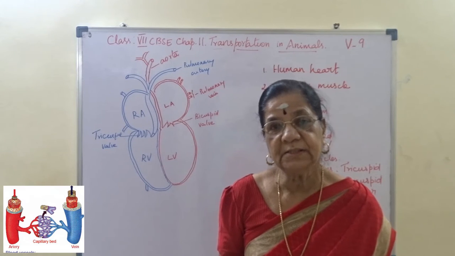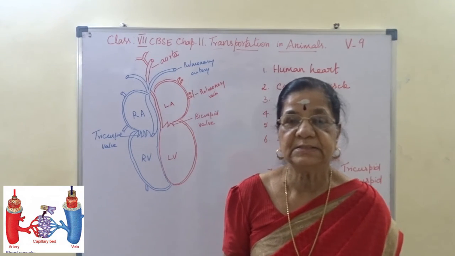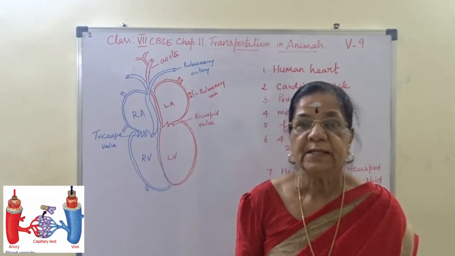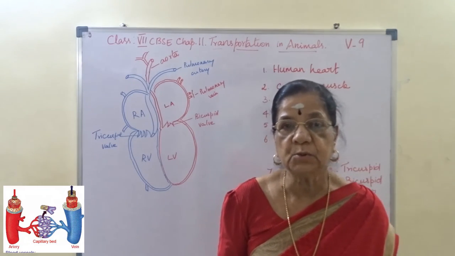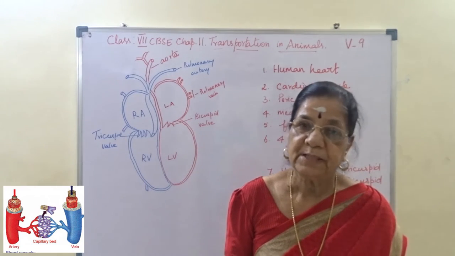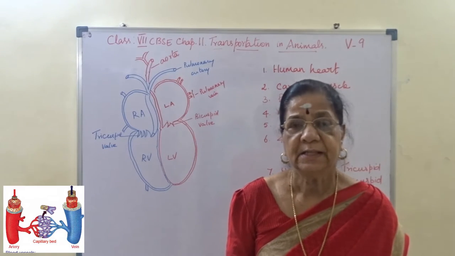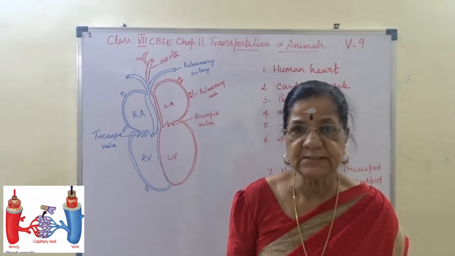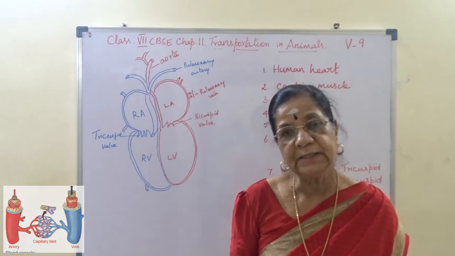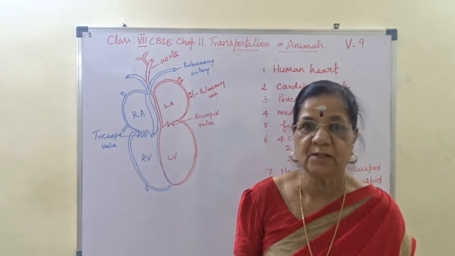Plus we are going to discuss the excretory system in man, that is the urinary system or excretory system, which includes the kidney and its associated organs, plus the structure of nephron. These are the headings that we are going to discuss, and we have to recall all that we have learned earlier in the beginning of this year's online class.